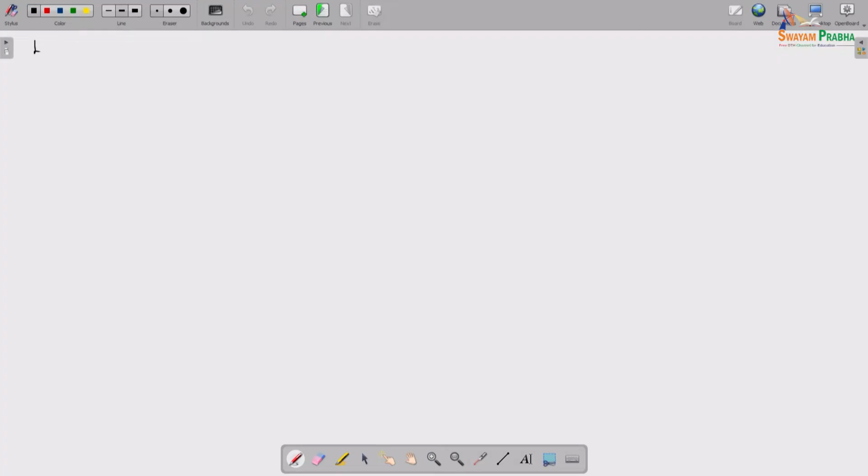Now let us look at an interesting sort of problem, an interesting example, where we are going to talk about a round jet. Let us say this is another example.